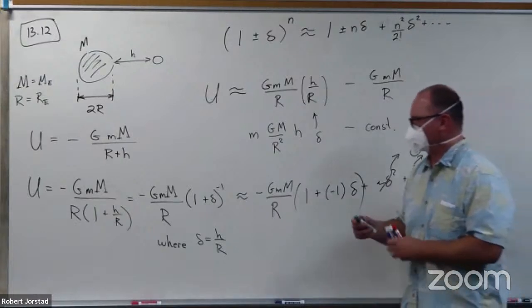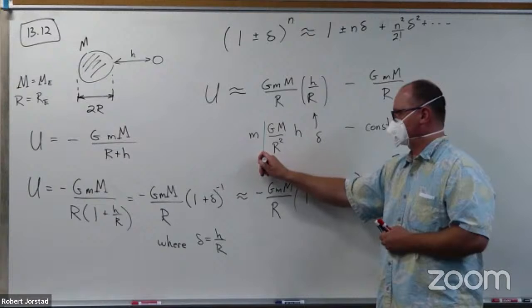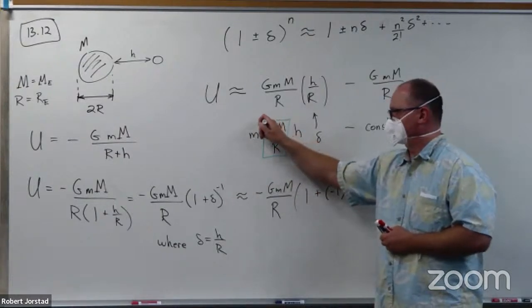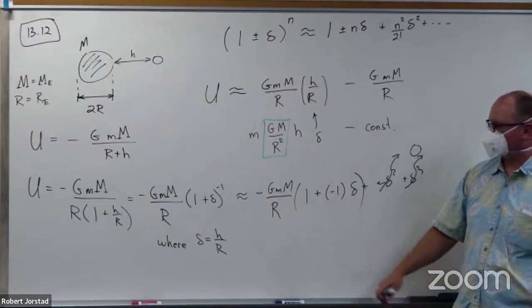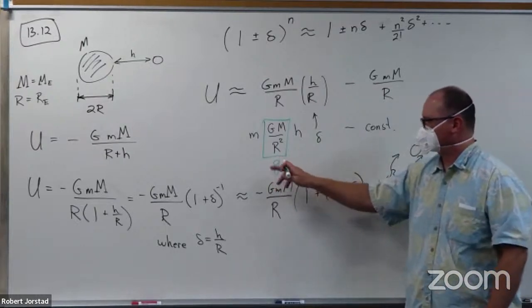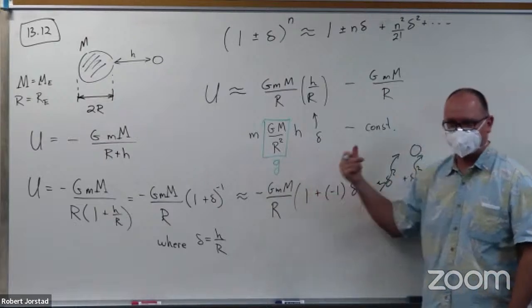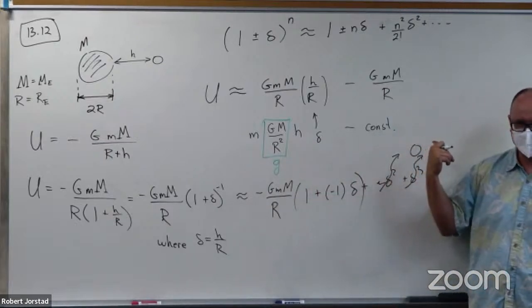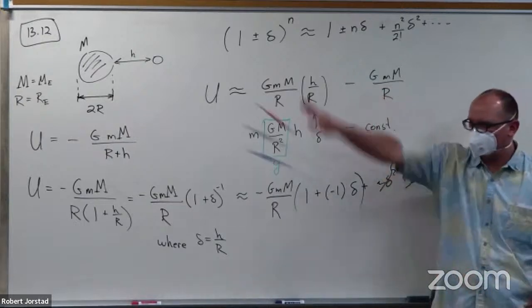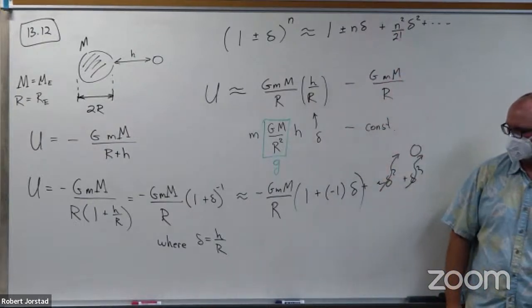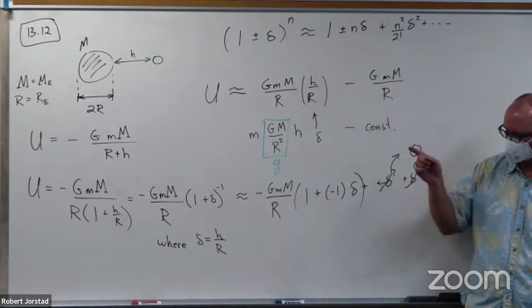Does anybody remember what this is? That's little g. Do you see we get mgh plus a constant? And then we could just change our height to set this constant to 0. We're good to go. One of these days I'm going to be smart enough to stop doing that.